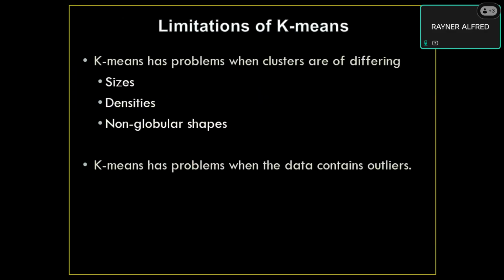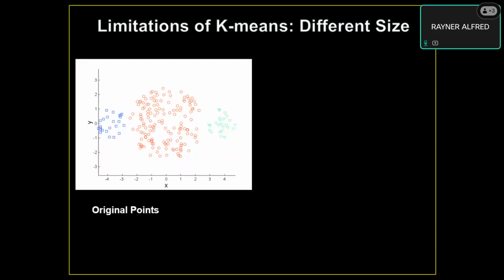So limitation of k-means, you will have problems when you have different size, density, and non-globular shape. Non-globular shape means they are not in the round shape. So for instance, like this, they have different sizes, right?